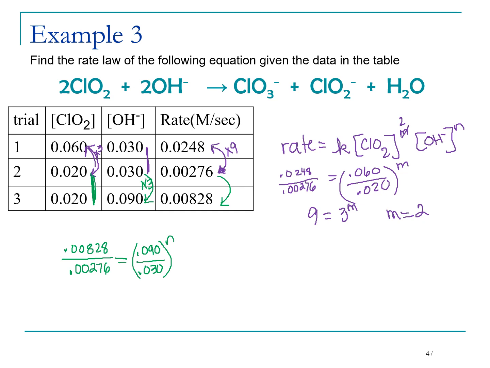Again, I wouldn't be able to do that in my head, so I did it on my calculator. 3 equals 3 to the n, so n has to equal 1. So if I come back up here, I change that to 1. Here's my rate: rate equals k [ClO2] squared [OH negative] to the first power, and that's my rate law.